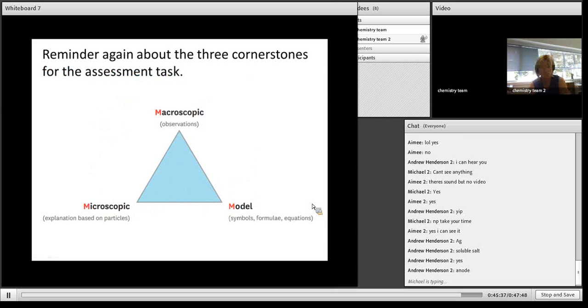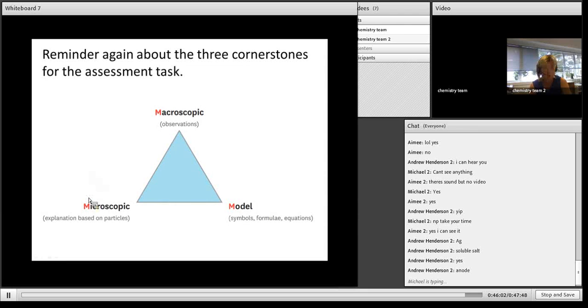And finally, just the three different things you do need, if you want to do well in the task, you do need to handle all of these. So talk about your observations. Make sure you've given a description of every reactant and every product. The color, the state, is it a solid, is it aqueous, or what's happening.